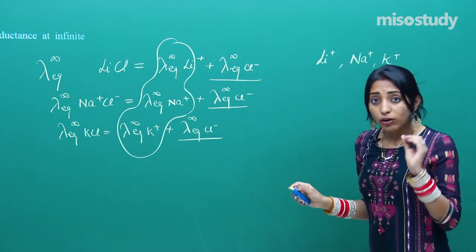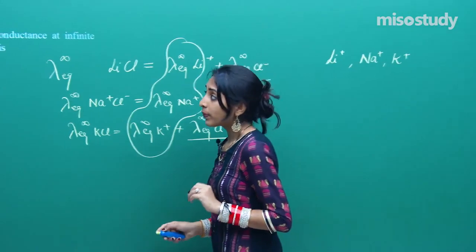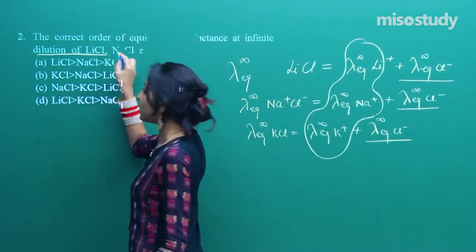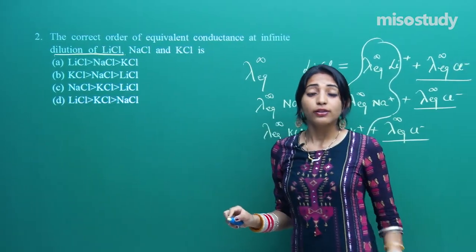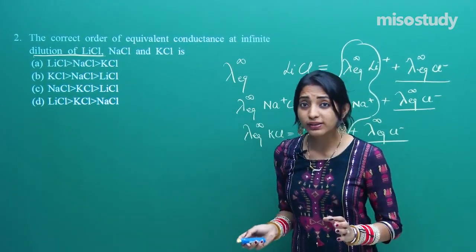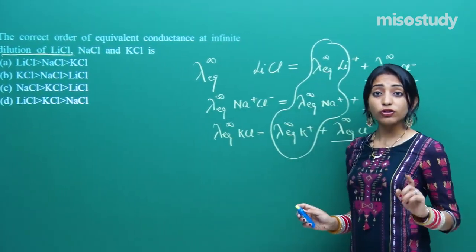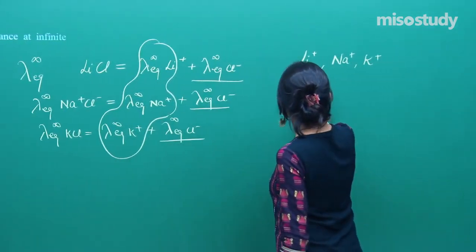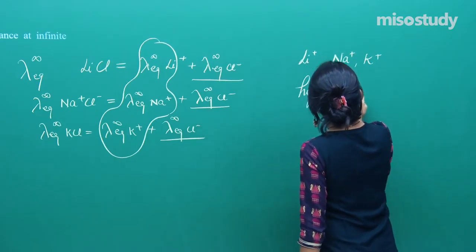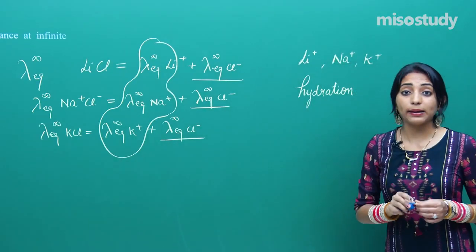No. Look at the question once again. The question says you need to talk about the infinite dilution. Infinite dilution means that the solution you have taken is aqueous, and when I say that the solution is aqueous, I mean the hydration of ions will be taking place.